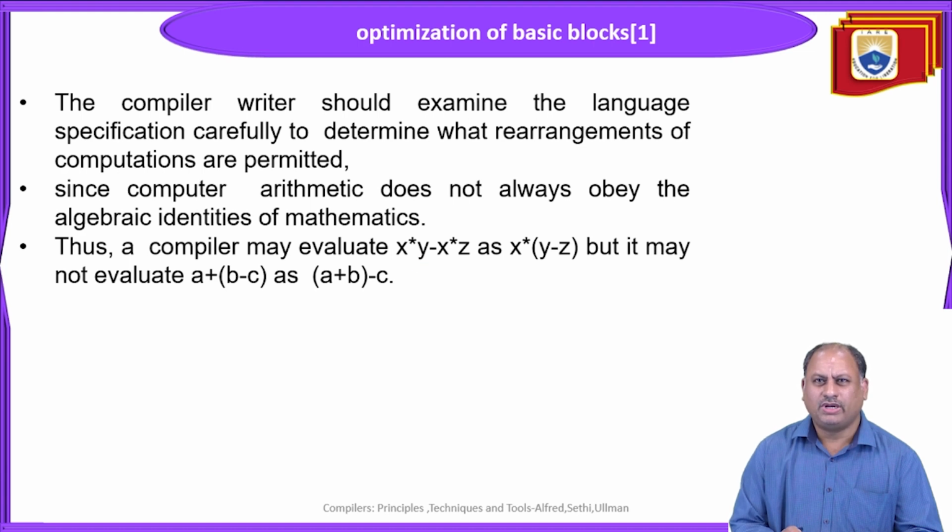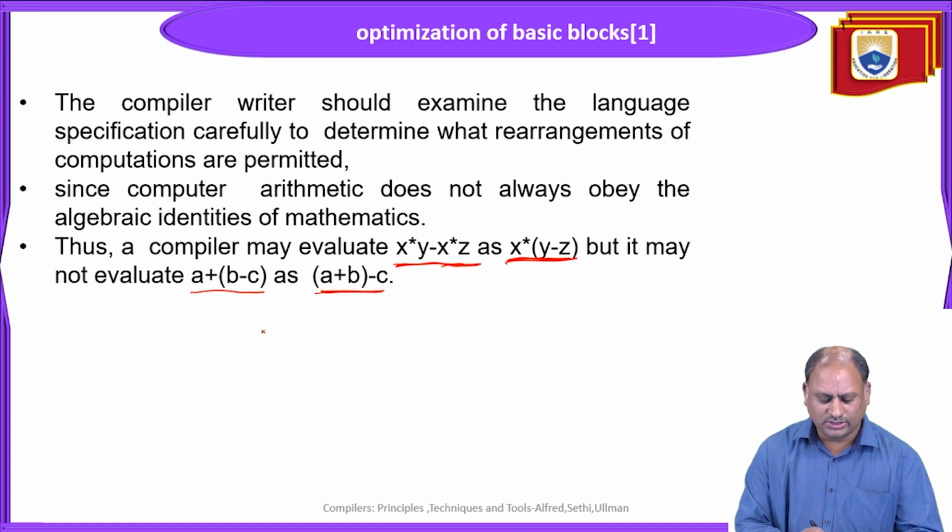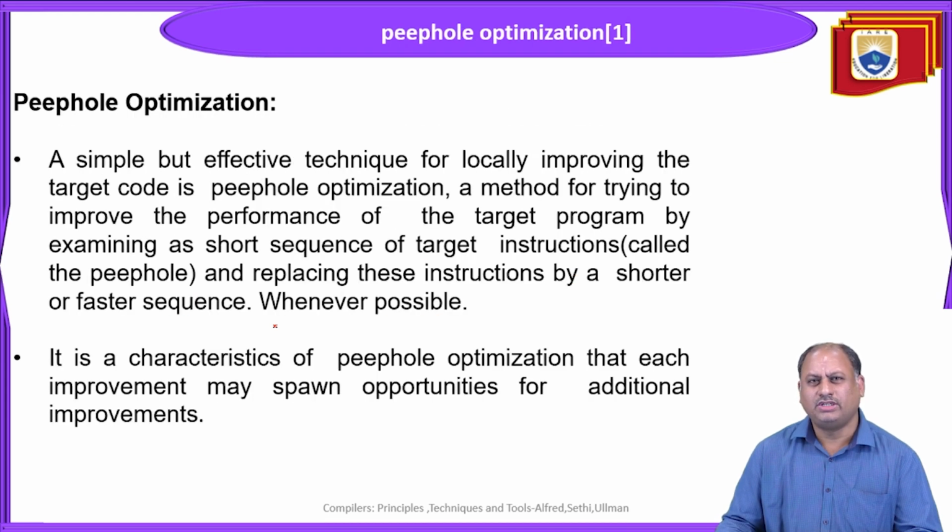Instead of evaluating this expression such as x star y minus z, we can compute it as x star y minus z. Sometimes, if you evaluate a plus b minus c, it is taken as a plus b minus c. So computations are to be performed based on the evaluation of the parentheses and the hierarchy which is available. That is to be considered, and then it evaluates b plus a, and then b minus c, as per the procedure requirement.